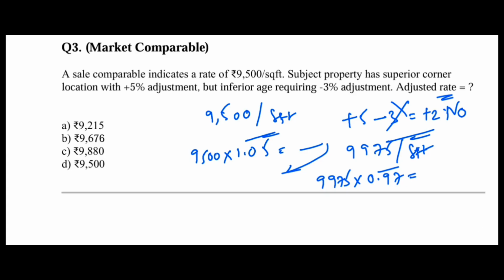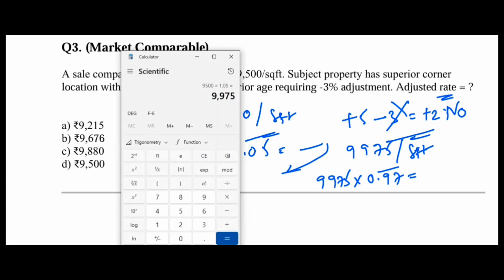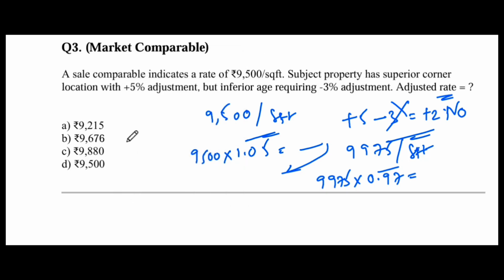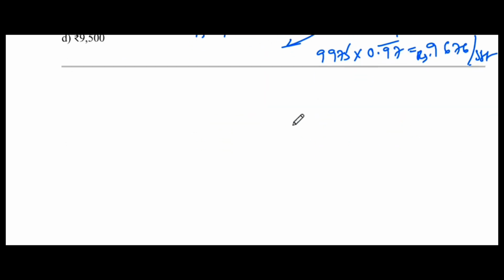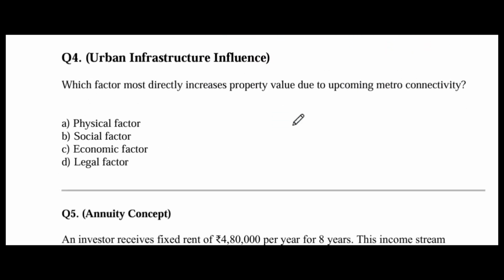That gives 9,675.75, which is 9,676. So the answer is 9,676 rupees per SFT.